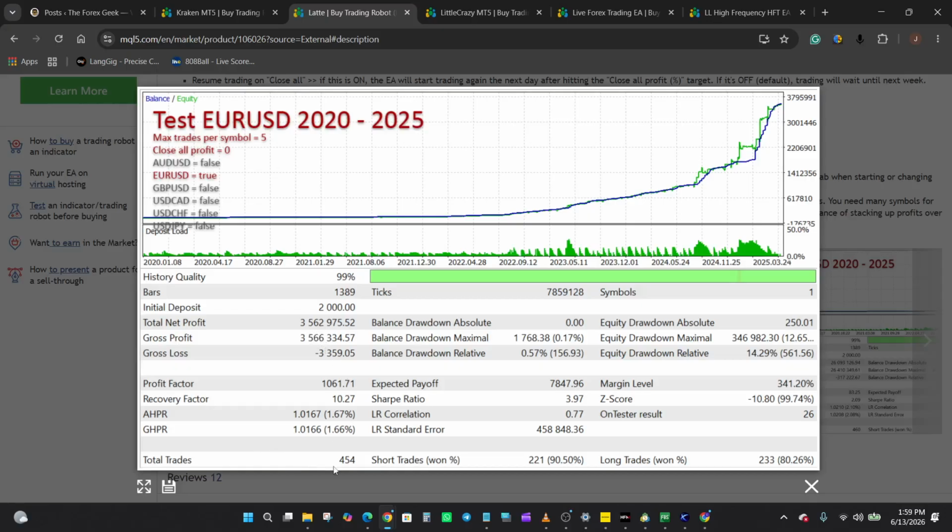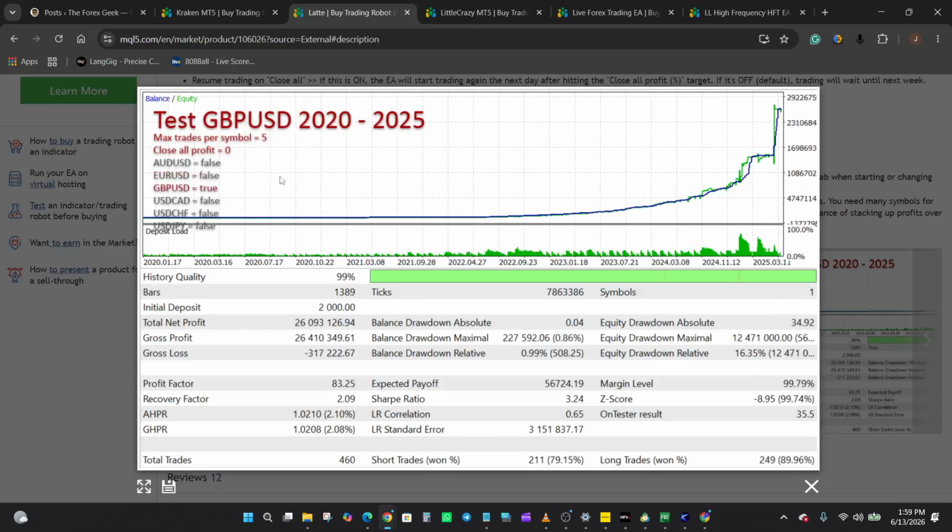And here we have total trades taken 454, and we can see that the balance drawdown maximal was 0.17%, the relative was 0.57%, and the equity drawdown maximal was 12.65%, while the equity drawdown relative was 14.29%. All right. And this is GBP USD 2020 to 2025. It also generated over $26 million. The initial deposit of 2,000.